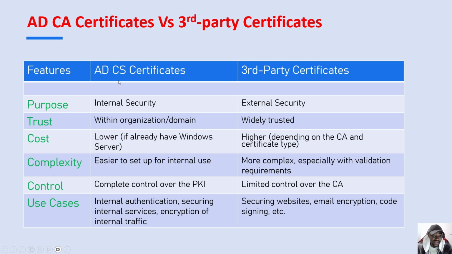The purpose of ADCS is mostly and primarily to provide internal security, while the third party is usually to provide external security. The trust for ADCS is within the organization, while the third party is widely trusted. For the cost, if you already have a Windows Server and Active Directory environment, the cost will be lower if you are implementing a new ADCS certificate authority.